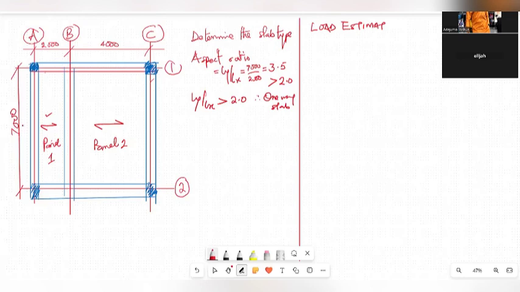So, assuming that the floor usage is residential, what do you think the implication is? Assuming the floor usage is residential, our live load to be 2.0.